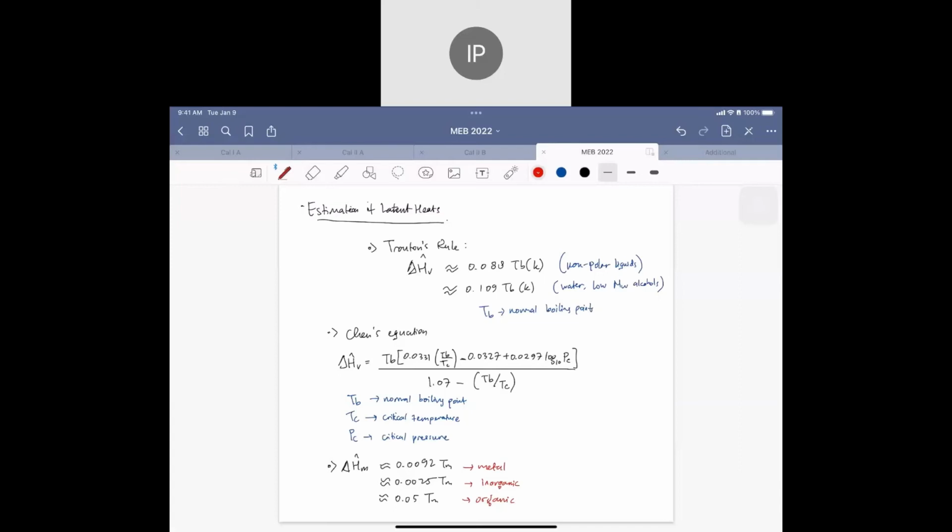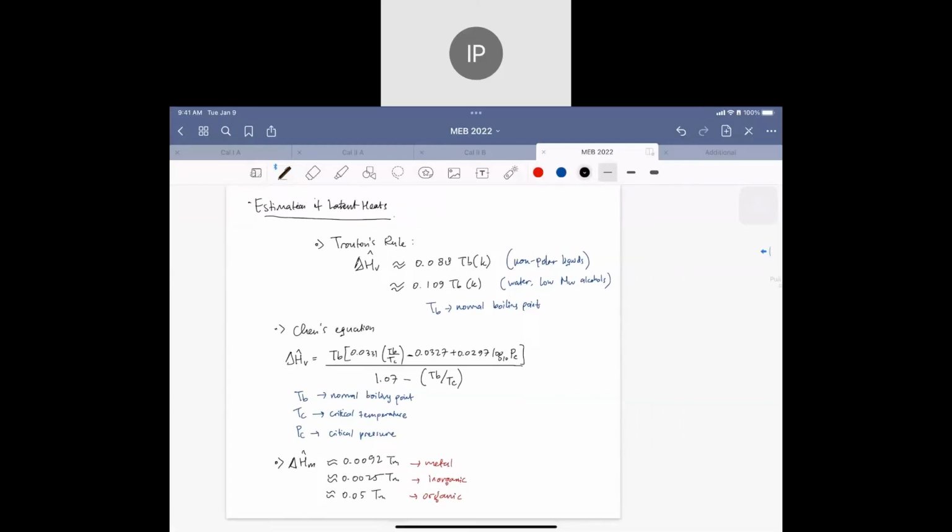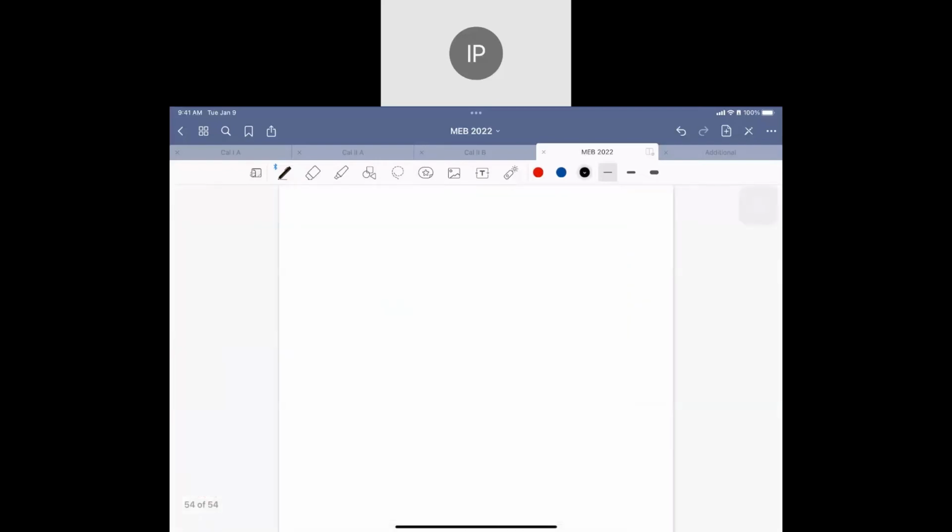Okay, another estimation that we might have is from the Clausius-Clapeyron equation, that you might be aware of from chapter 6, right? Let me move to the next section. Okay, so let me write again.